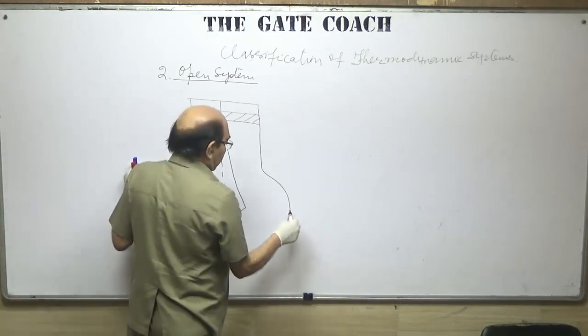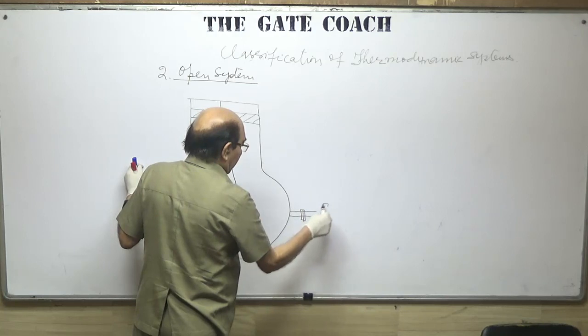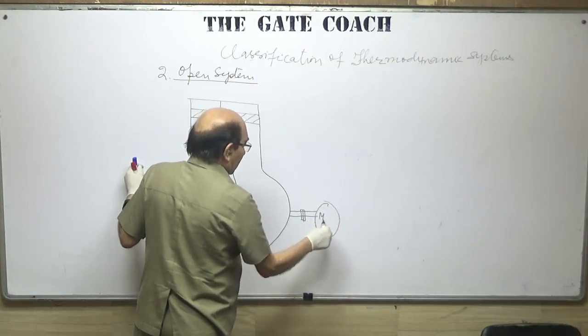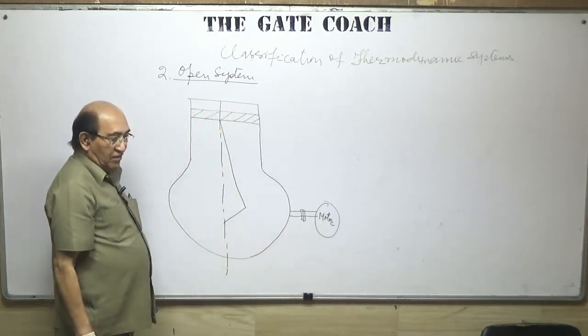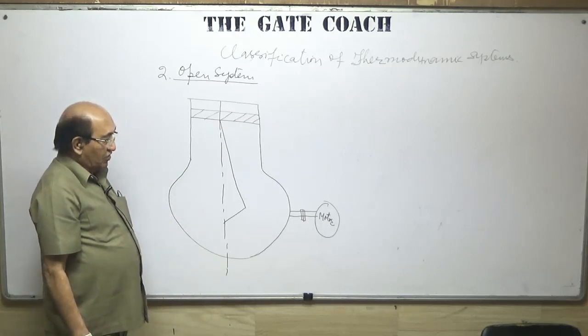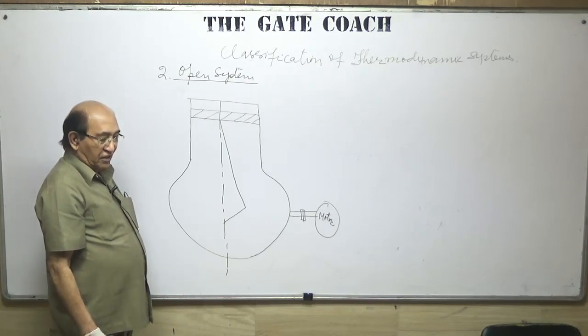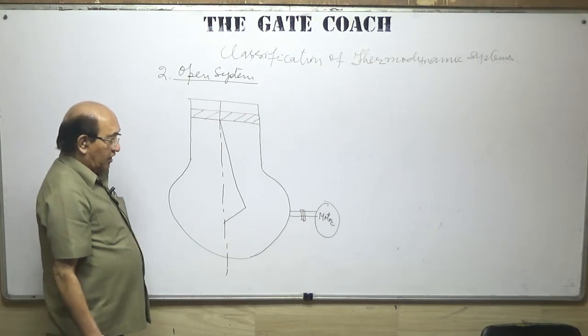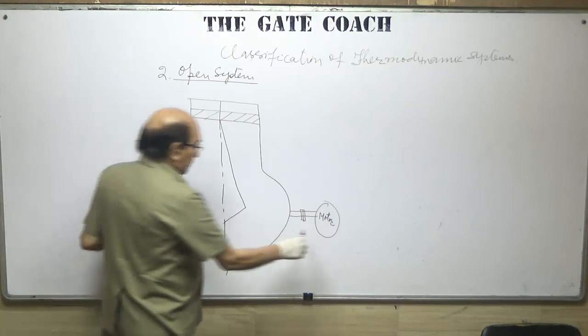And in turn this crankshaft is connected to a motor. For small cases, it could be direct coupling, or it could be with the help of a belt, a motor shaft, compressor shaft, pulleys, and then with the help of the belt, the drive is given from the motor shaft to the compressor shaft.